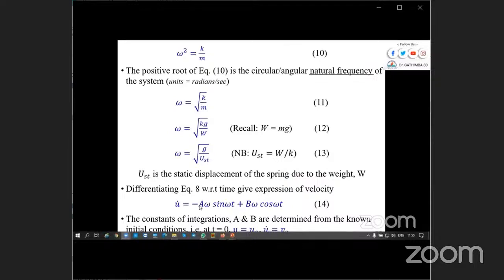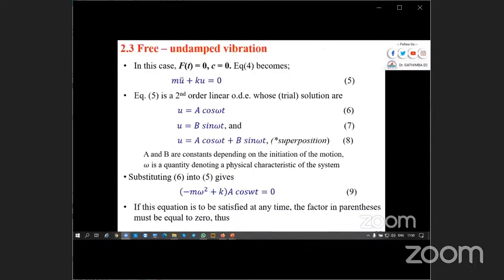So you can substitute time equal to 0 in equation 14 to get the velocity, and from equation 6 or 7, you can get the displacement. Because in our equation of motion, equation 5, what is unknown is like x: find the value of x. It is like we are saying find the value of u. That is what we mean by solving in this equation.